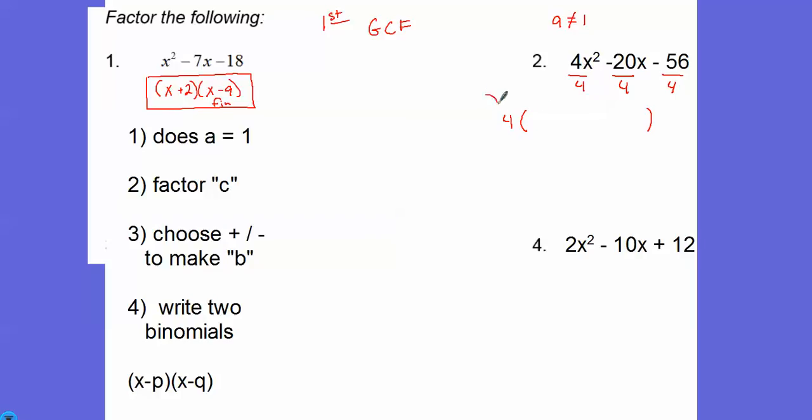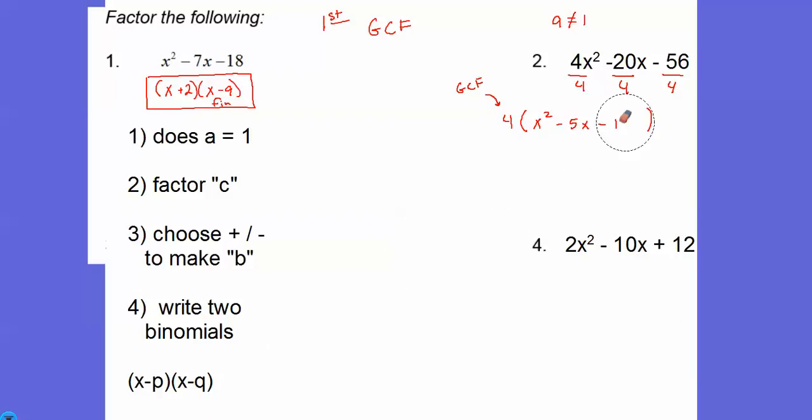So I already noticed that this here is my GCF. We found one. Which then makes this problem look like this. X squared minus 5x minus 14. I'm sorry, minus 14. I don't know why I said 17. Minus 14.